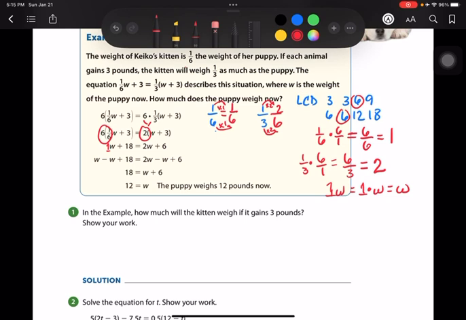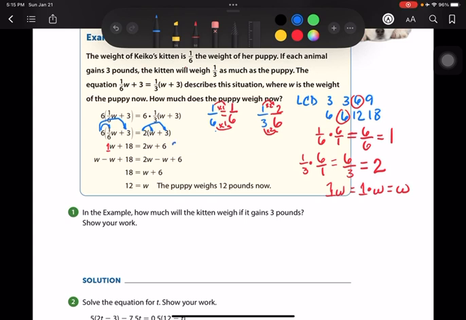On the second line, they just simplified it a little further. On the third line, they distributed. They used the distributive property here, where they distributed 6 times 1/6 W gives you 1W, and 6 times 3 gives you 18. 2 times W gives you 2W, and 2 times 3 gives you 6.